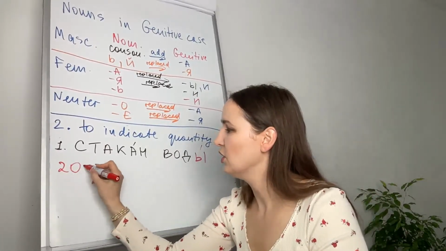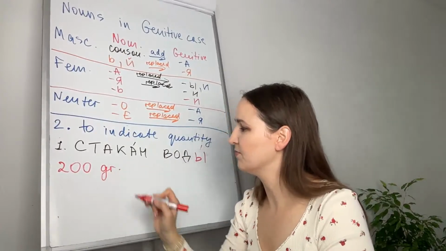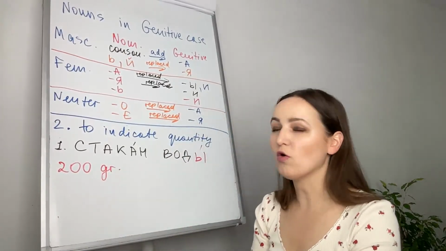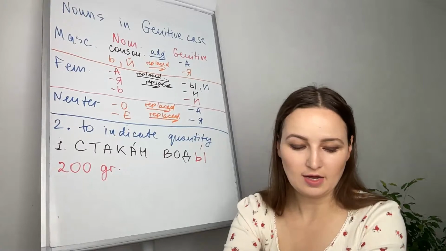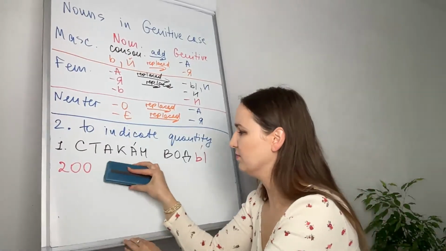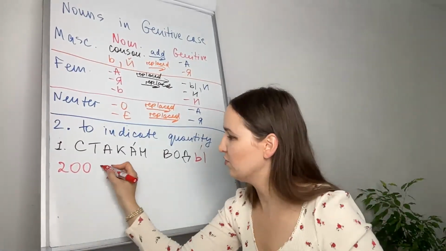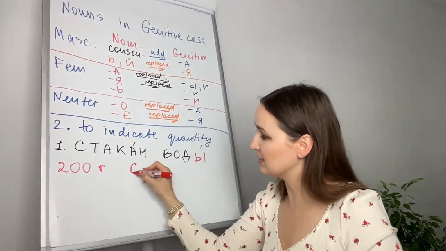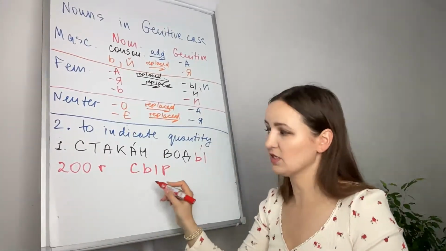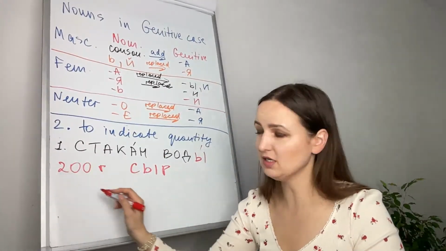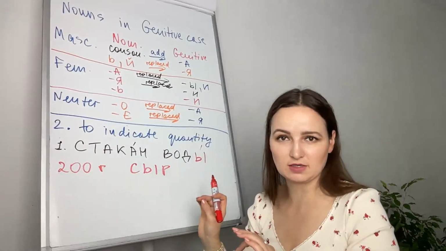Another example with quantity, for example, 200 grams of cheese. I don't know if you're from America, you probably don't use grams. 200 грамм, let's write it in Russian, 200 грамм, and сыр is cheese. We have a quantity here. So what will happen with сыр?